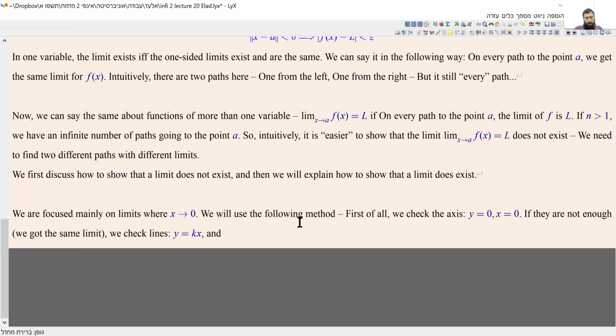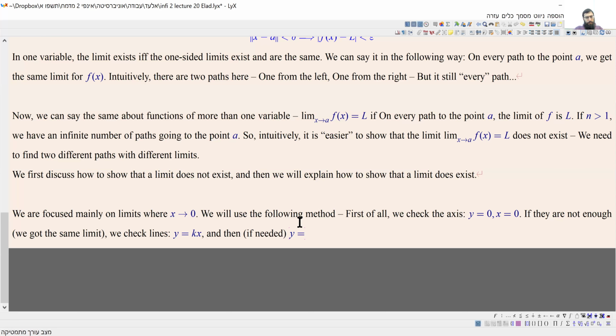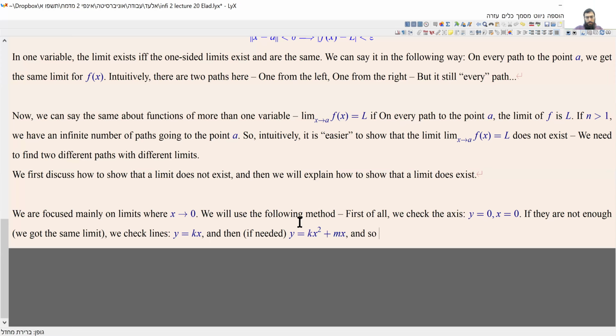And then if needed, some parabolas, y equals mx squared, and so on.